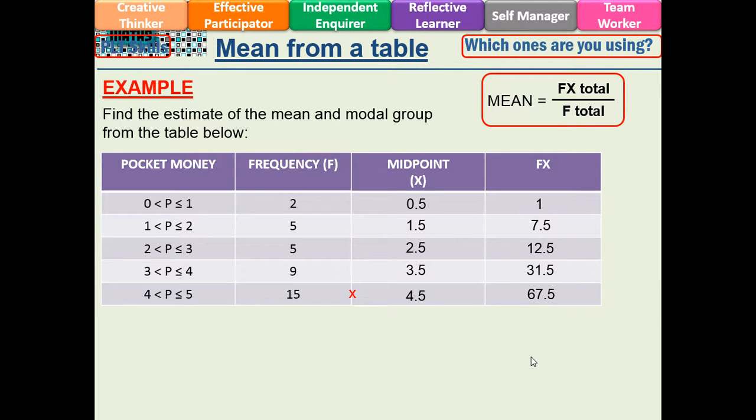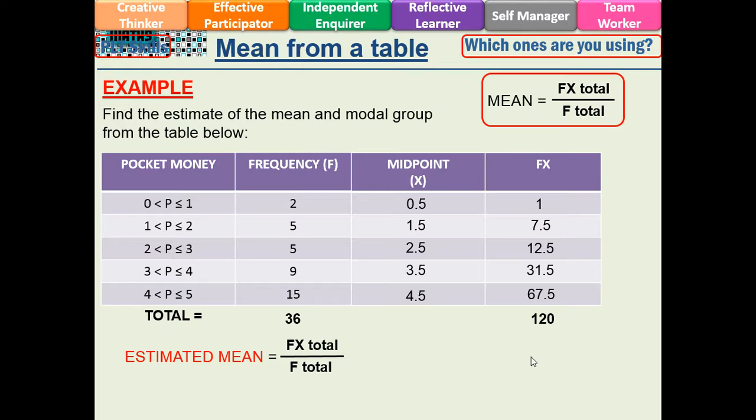The formula to work out the mean is the fx total divided by the f total. So the frequency times the midpoint, the total of that divided by the total frequency. So of course, what you have to do now is add up the total of the frequency and the total of the fx column. Once you've done that, to work out your estimated mean, please copy down this example as we're going along.